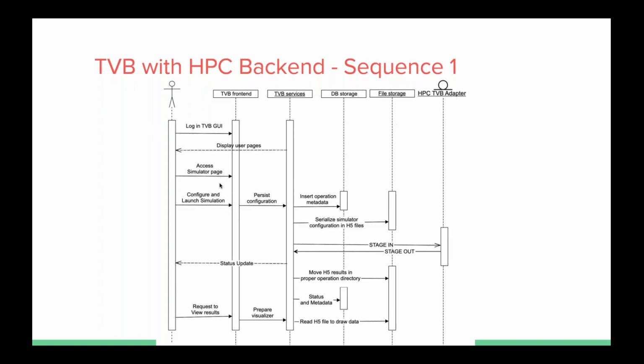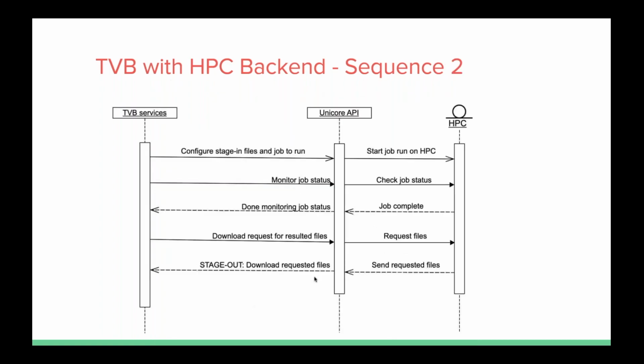And the arrows will be the same as in the previous sequence schema. We serialize, put the data in the storage, but we have an additional step when scheduling the operation to do a stage in, and then a stage out when the operation is done, plus the regular updates on the front-end OpenShift deployment.